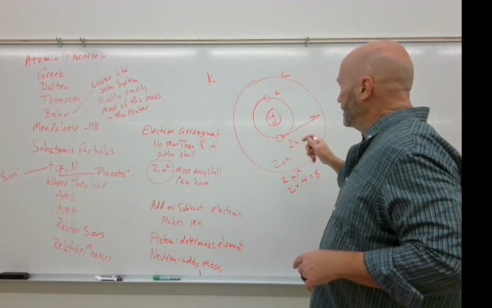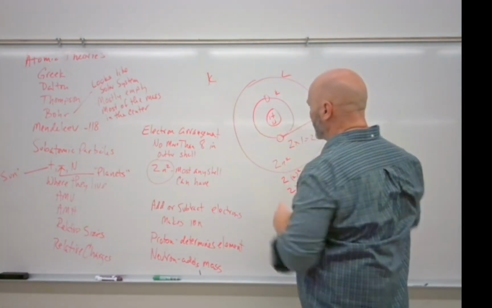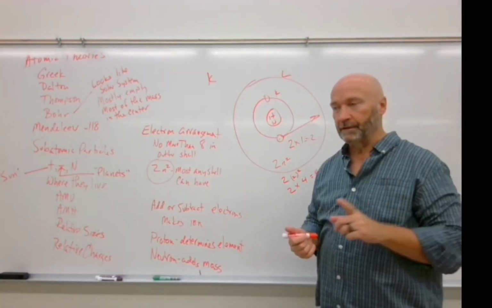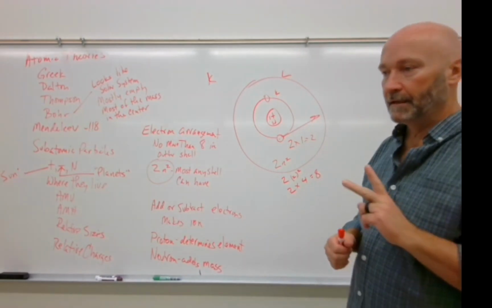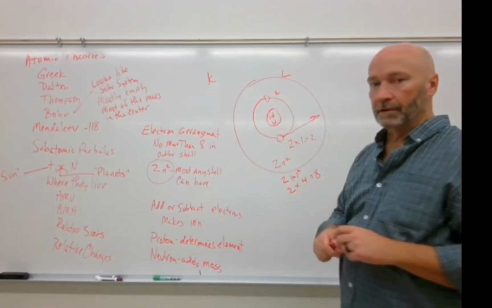So the thing that you need to know about the force that's holding our electrons into place is what we refer to, first off, as electron binding energy. And two things affect electron binding energy. One is the size of the nucleus.